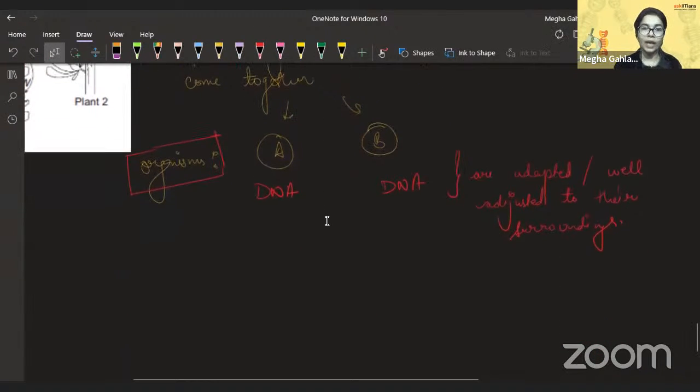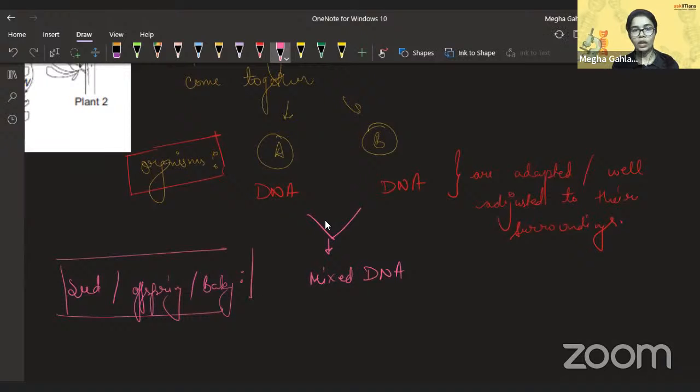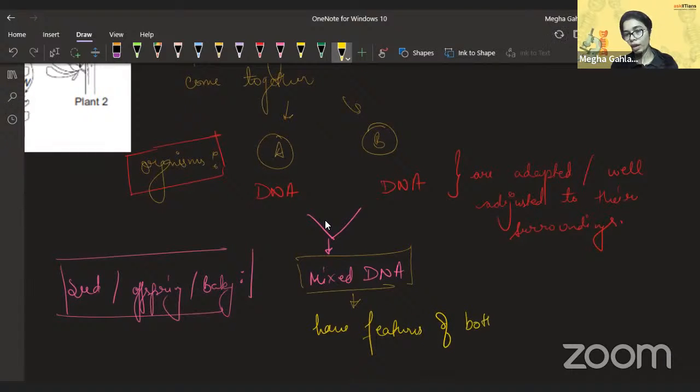Both of them are. Now, what will happen is their DNA is going to get mixed. And this is the offspring, or the baby, or in this case, a seed that we're talking about. So you see, this mixed DNA is going to have features of both parents, okay?